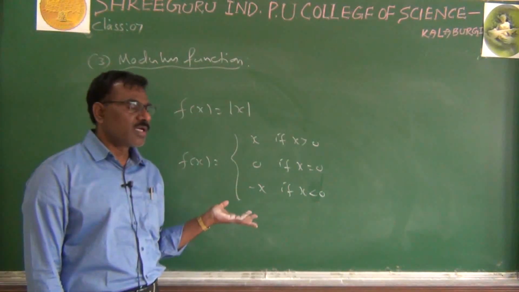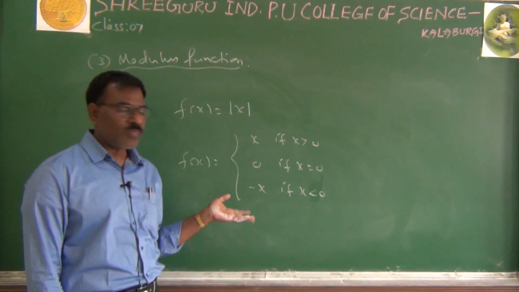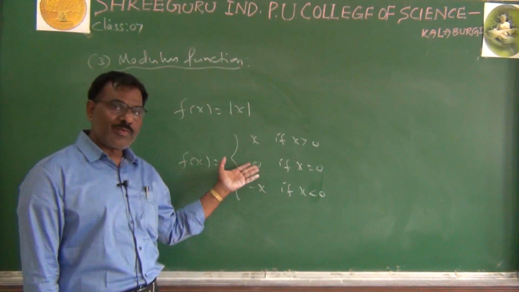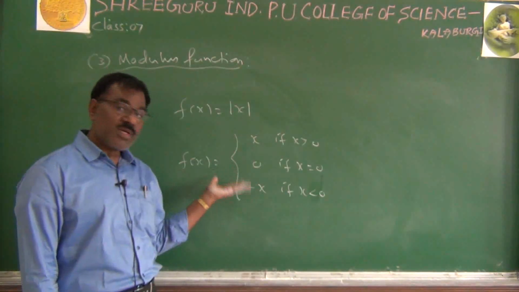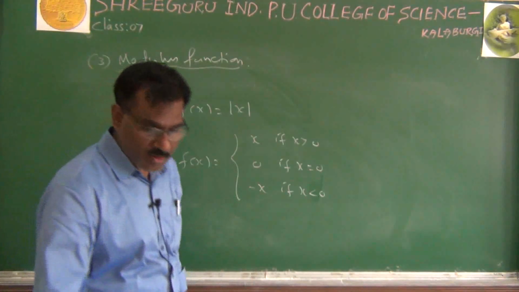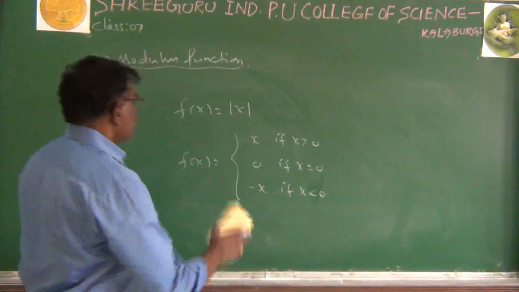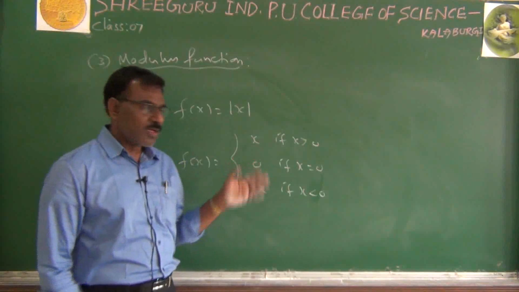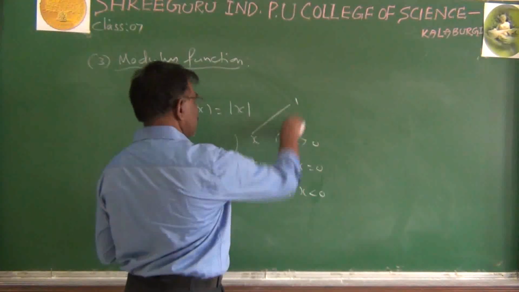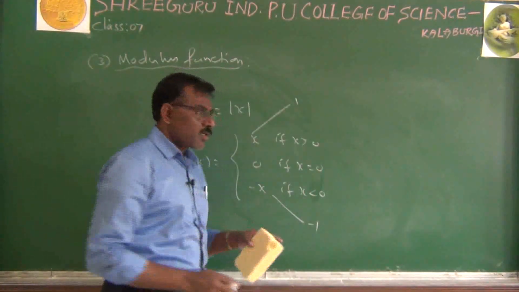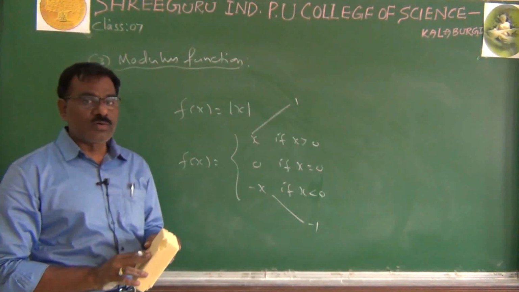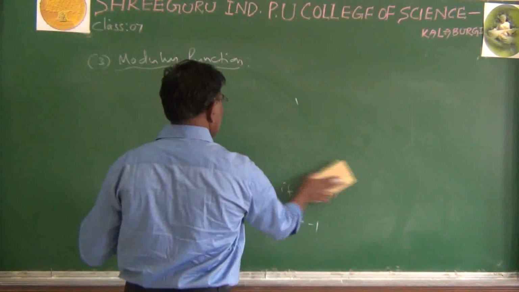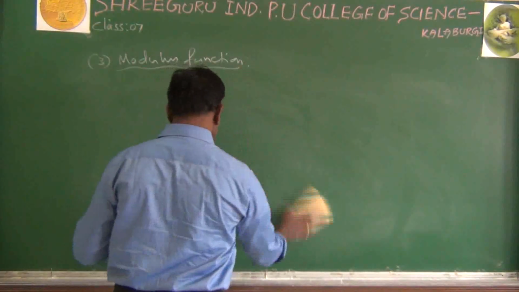Take the right hand limit, the left hand limit, and the value of the function. All are equal, the limit exists, so the function is continuous, but not differentiable. Why? Because the derivative of x is 1, and the derivative of minus x is minus 1. The right hand derivative is not equal to the left hand derivative, so it's not differentiable.